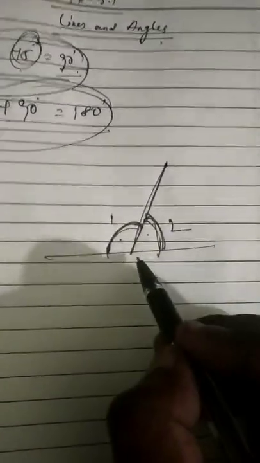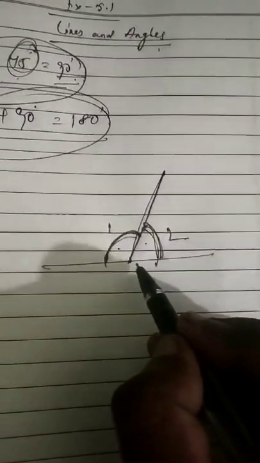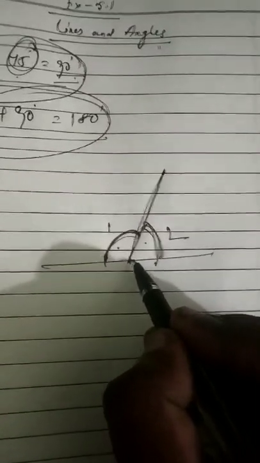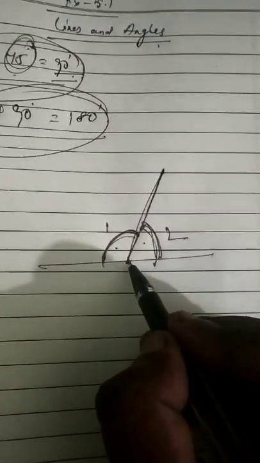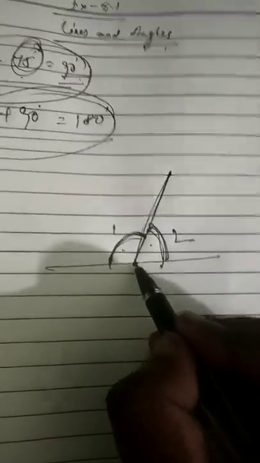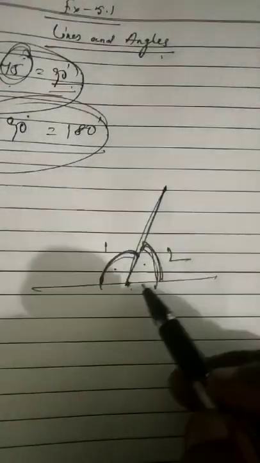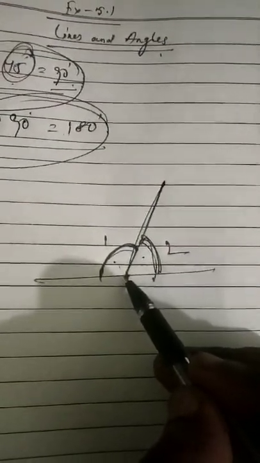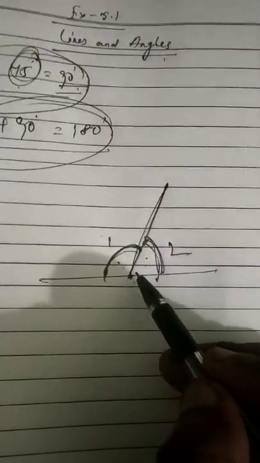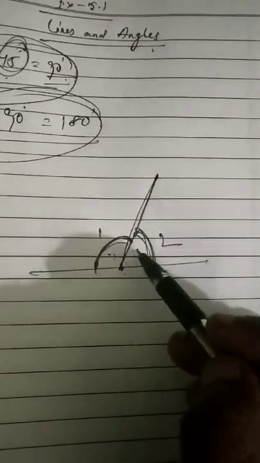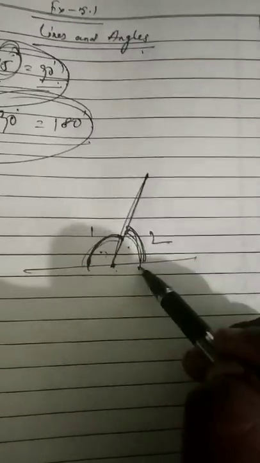By this line segment, these two angles are separated and they have a common vertex. They are formed from a common vertex. If you look very closely at my pen where I'm pointing, this point is the common vertex for both of these two angles. Both of these angles have been formed from the same vertex. So naturally, these two angles are separated by a common line. So here is angle 1 and here is angle 2.